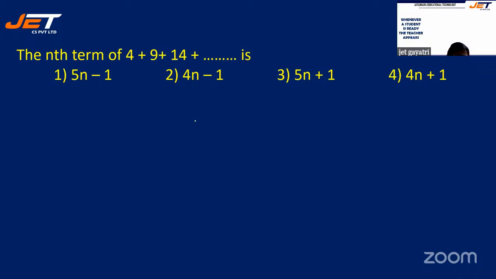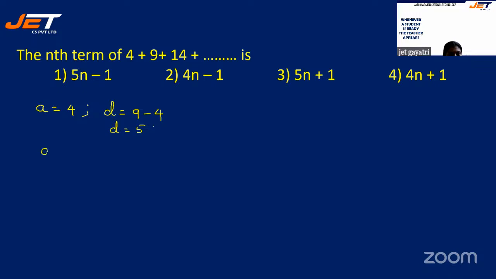So what is A here? 4, right? What is D here? 9 minus 4, which is 5.